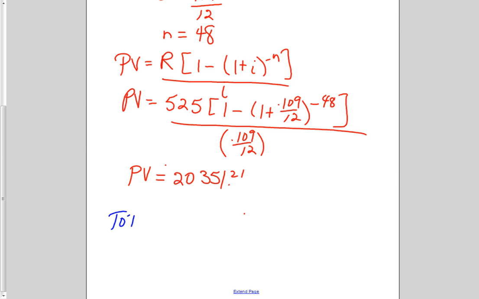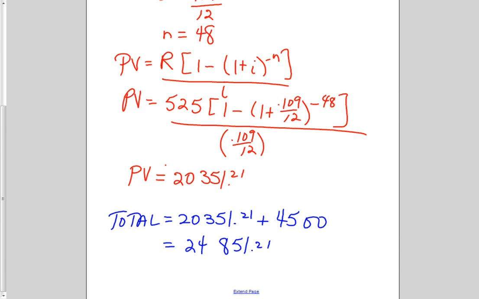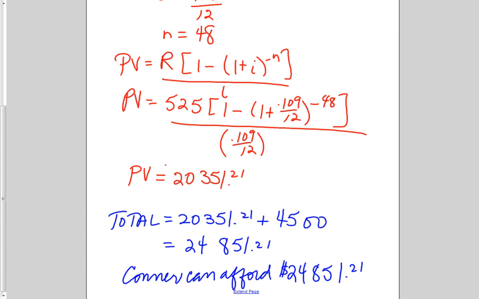So his total purchasing power is $20,351.21 plus the $4,500 that he comes to the table with. $24,851.21 is the total value that he can afford. I think he can get nicer than a Saturn.